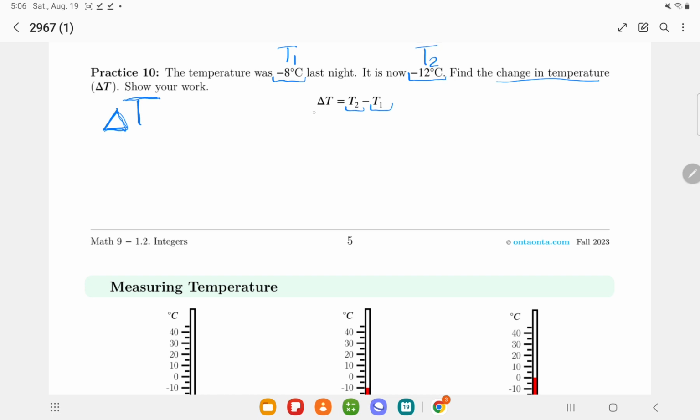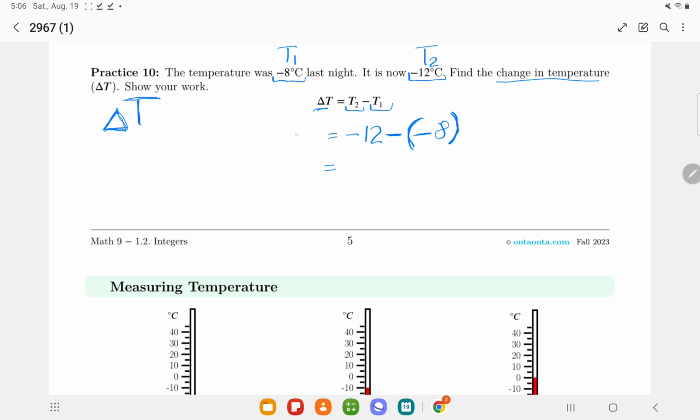And to find the change in temperature, we take the T2, -12 degrees Celsius, and we subtract T1, which is -8. Remember that we have to put the negative in brackets when we subtract that negative number or we add that negative number.